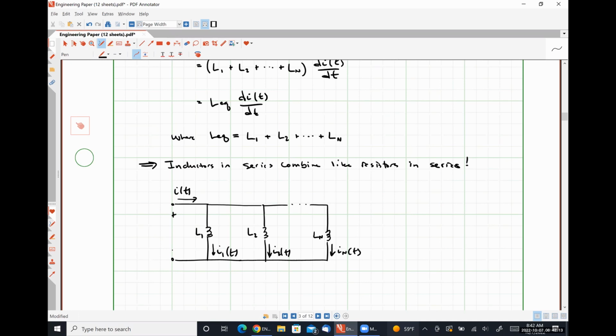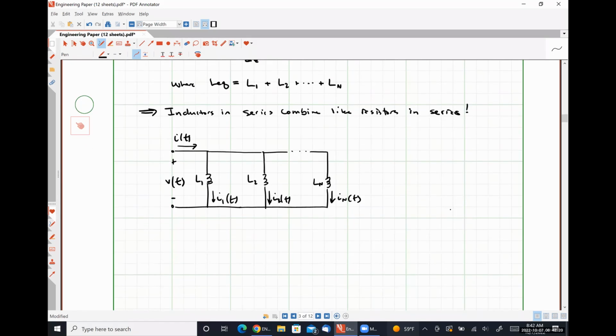And because all of these elements are connected in parallel, they all share the same voltage. Kirchhoff's current law tells us that our total current I of t is simply the sum of our inductor currents. And we know that these inductor currents are related to the voltage drop across the inductor by that second equation that we developed.